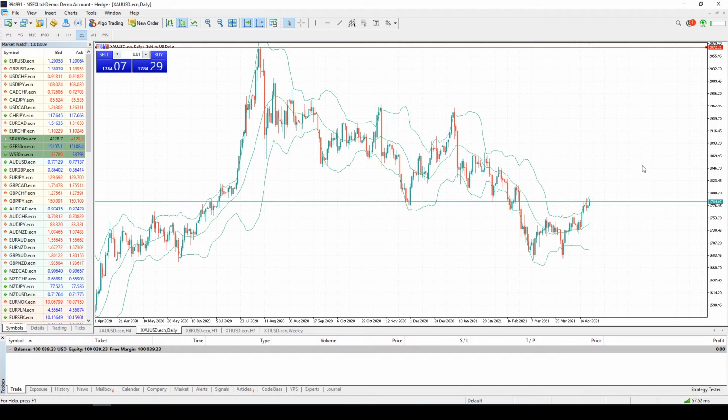I'd like to advise you to use some specific indicators to trade gold. Actually, it's MACD, RSI, and moving averages. RSI is a great indicator to follow the gold price.